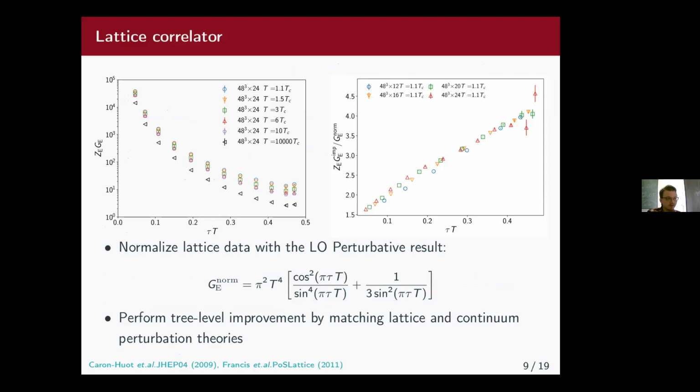Here is the raw lattice data. By itself, it's quite hard to read, so first of all we will normalize it with the leading order perturbation theory result, and we will also use a tree-level improvement so that we match the leading order continuum perturbation theory to the leading order lattice perturbation theory, and that gives us very nice scaling for the lattice data.